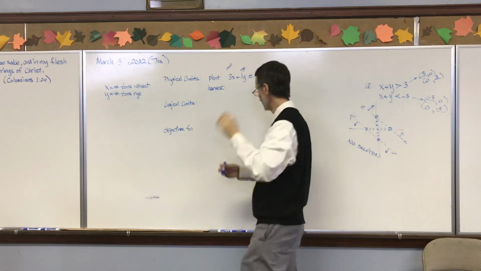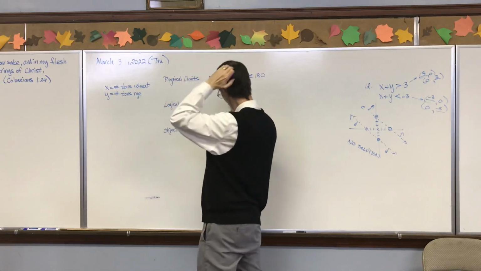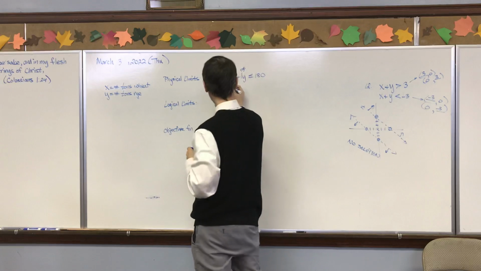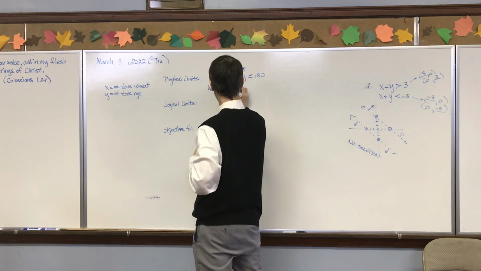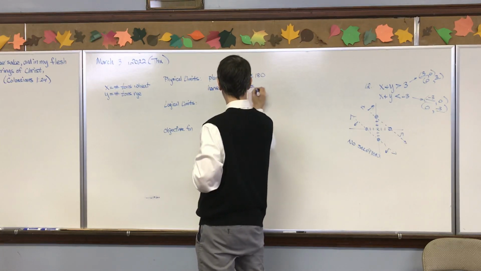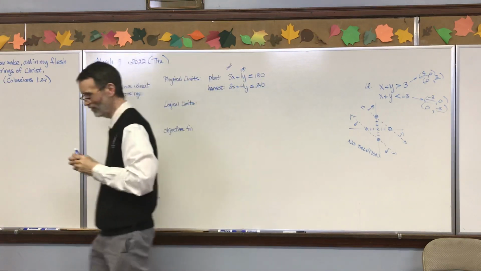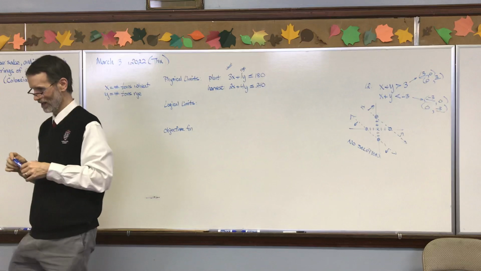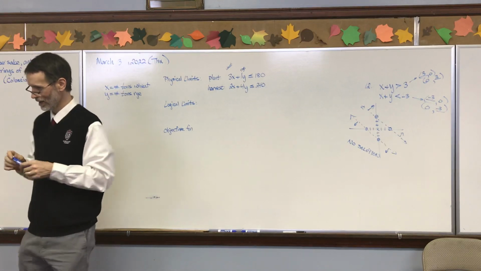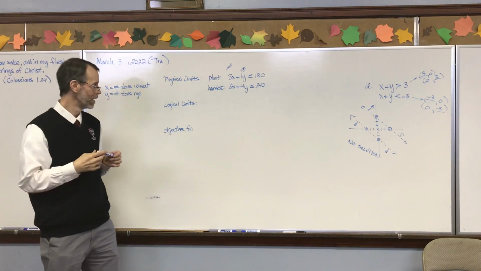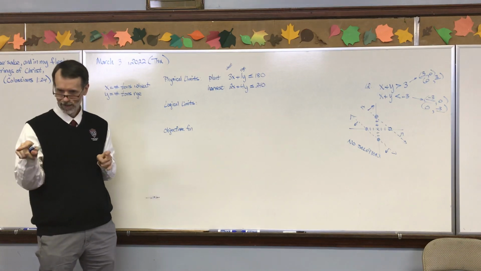So, Xavier, tell me the formula for harvesting. It would be 2x plus 4y is less than or equal to 240. Correct. Where do you get the 2x from? 2 hours it takes to harvest the wheat.